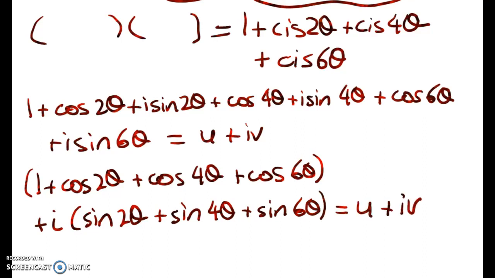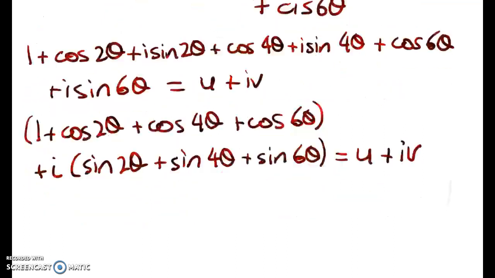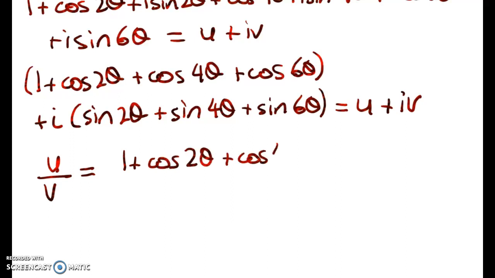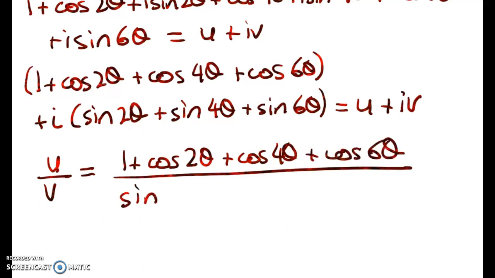Right, so that's actually going to be the end of the complex numbers part of the question. What do I have to do now? Well, I need to work out what u over v is. So u over v is equal to 1 plus cos 2 theta plus cos 4 theta plus cos 6 theta over sine 2 theta plus sine 4 theta plus sine 6 theta.